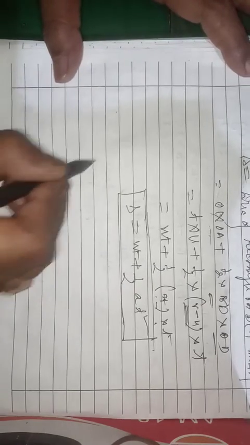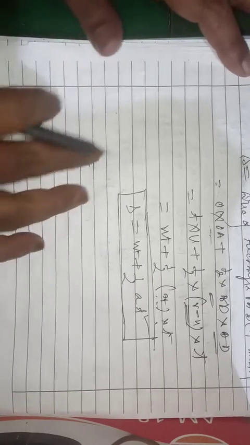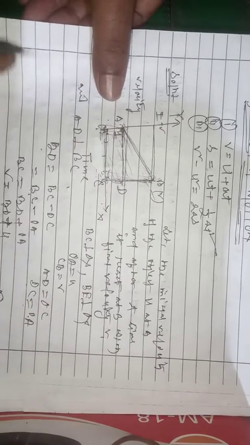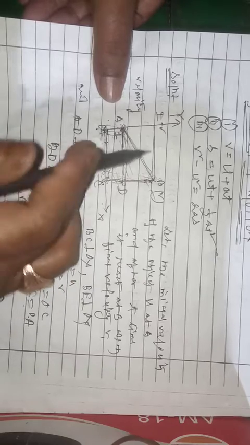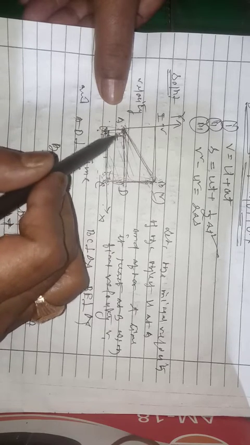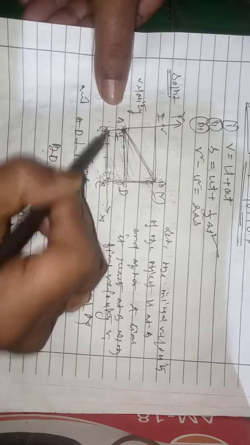Again we are finding S. S means this full figure area, and this time we will take the full figure as a trapezium. OABC is a trapezium, and the trapezium area formula is half into sum of the parallel sides. This side and this side are parallel, and this is the height.